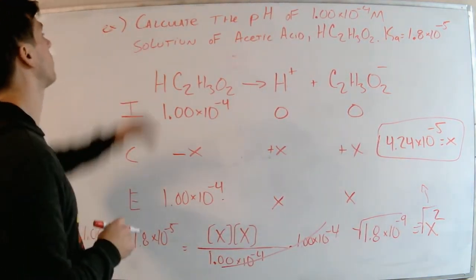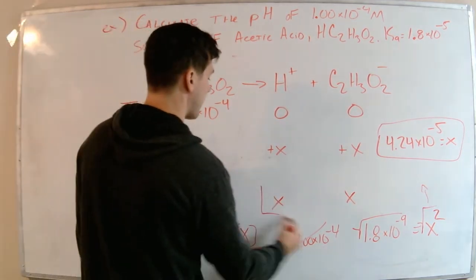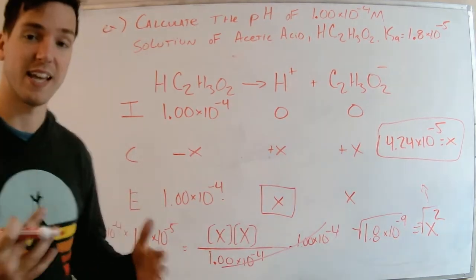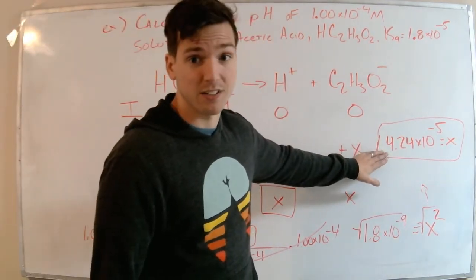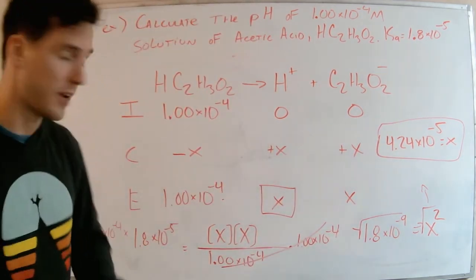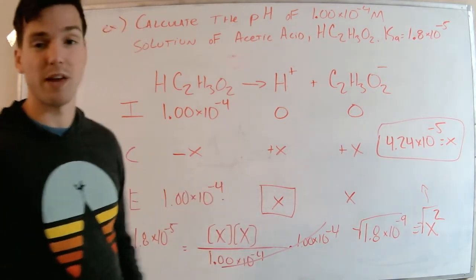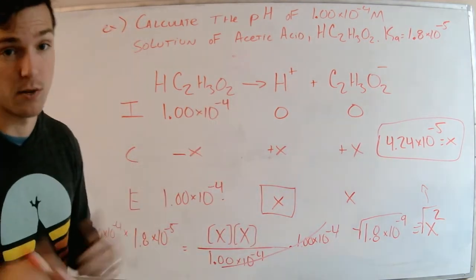Our overall goal is to find pH. Well, in order to find pH, we have to have this concentration of H+ so we can negative log it. Well, guess what? We have just found it. We found it by going through our ice table, doing a little maths here and there, and figuring out what x is so that we could figure out that the equilibrium concentration of H+ is that right there.